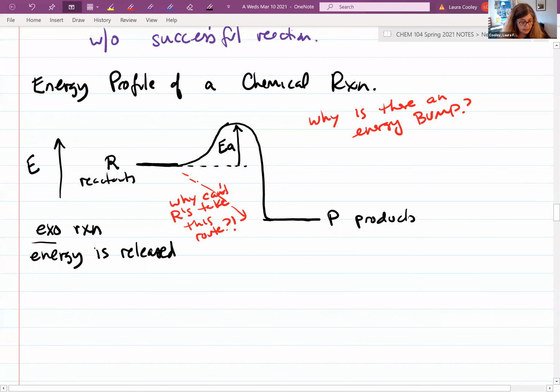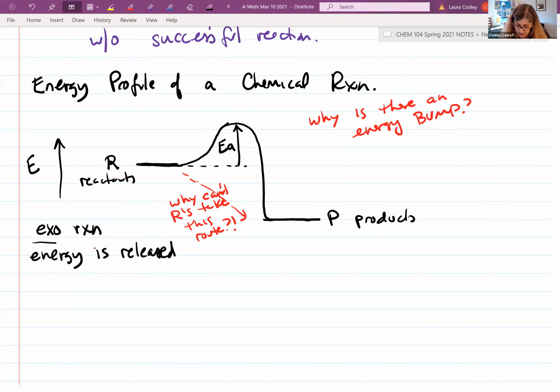And the answer is that bonds have to get disturbed, and even broken before new ones can form. And so you end up going to a higher energy place, a less stable situation because of all the distortions of different bonds and things like that. Bonds are lowest in energy when they're a certain length, which we call the bond length. If you stretch that length, or even if you shrink that length, it's actually going to be less stable than the normal length where bonds usually are.